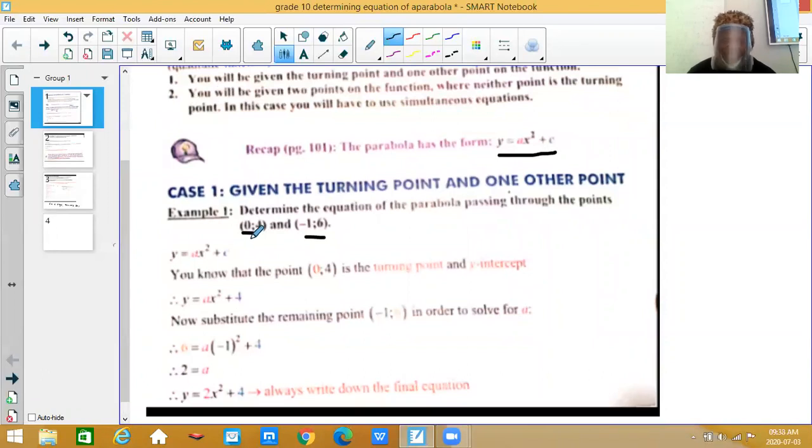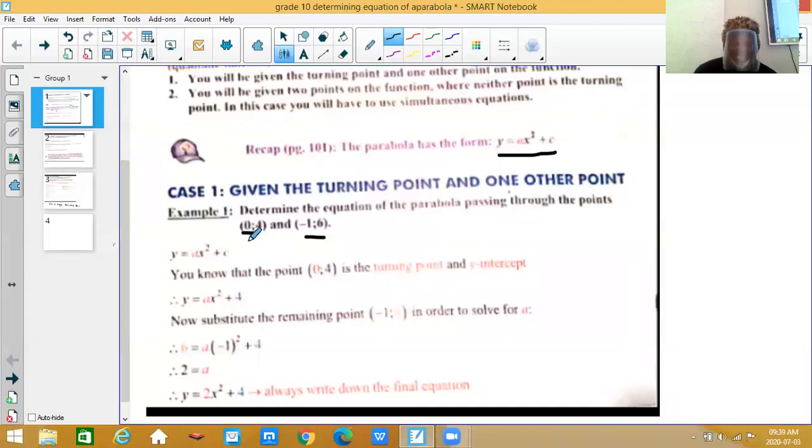If we take 0, 4, the general format is y is equal to ax squared plus 4. You know that the point 0, 4 is the turning point and the y-intercept. Why at this point do we know that this is the turning point?